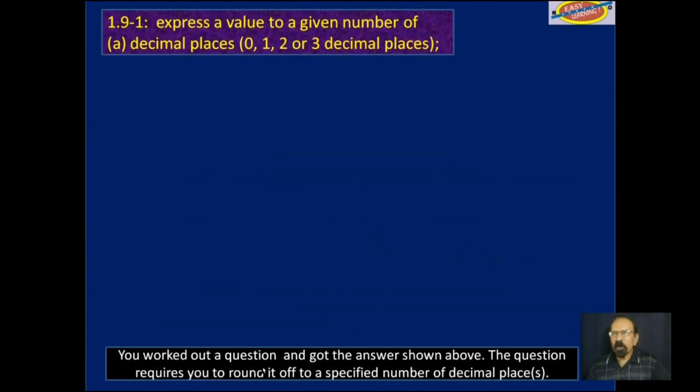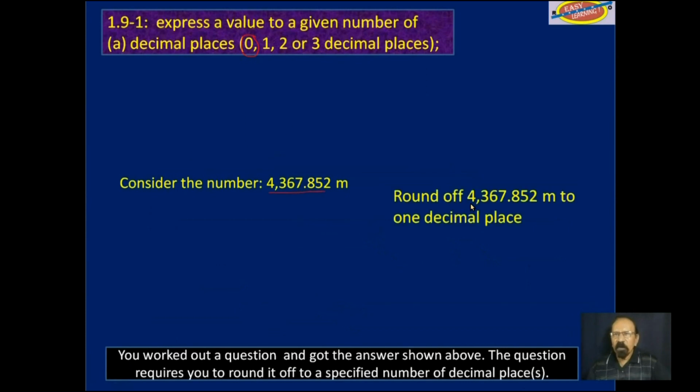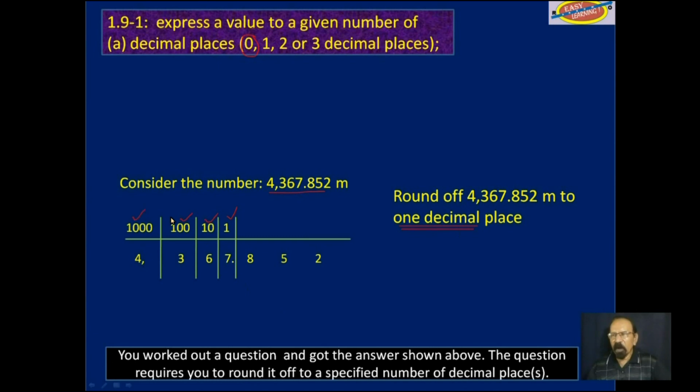So in that case, we were rounding off to 0 decimal places. So let us say you work the question, and this time you get the same answer. But now you want to round off to 1 decimal place. So let's put that number back into the grid. We know that this is the ones position, tens, hundreds, thousands, but we are not going on the left.